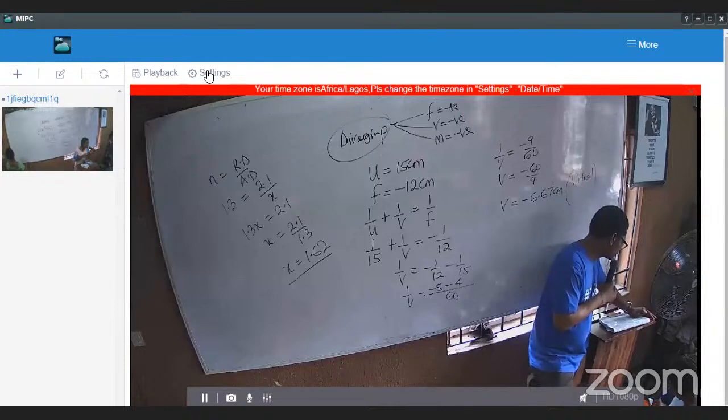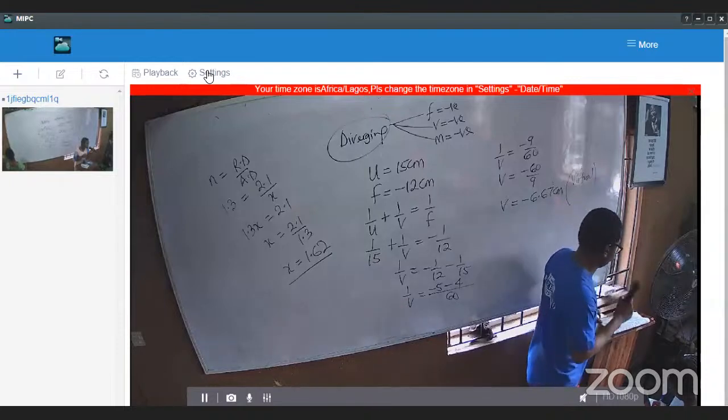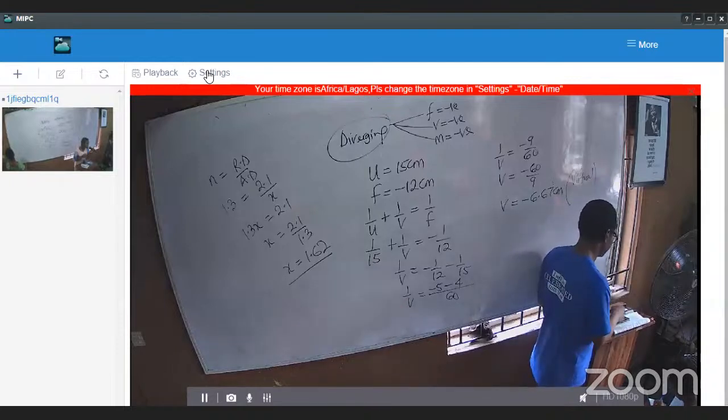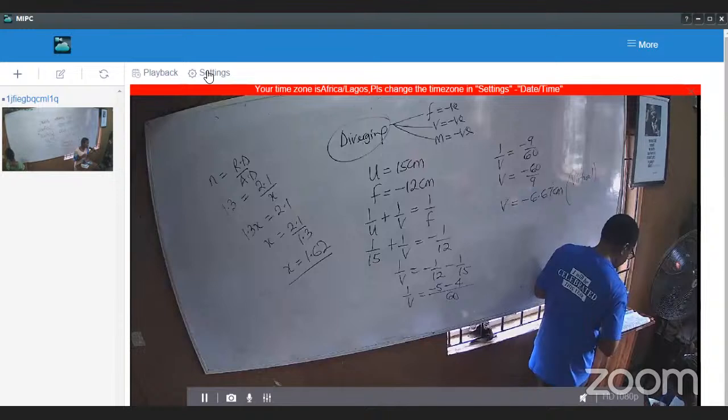Calculate the distance between the object and the image. Class work.